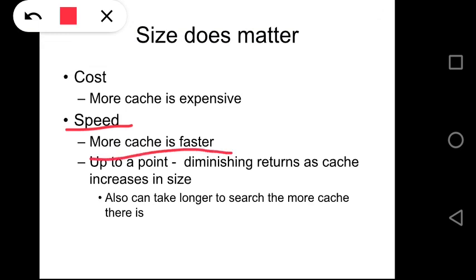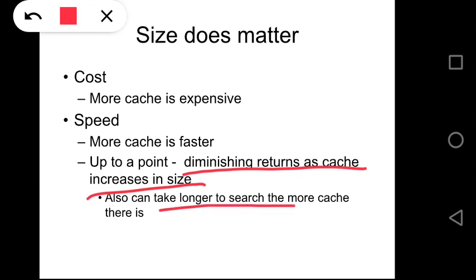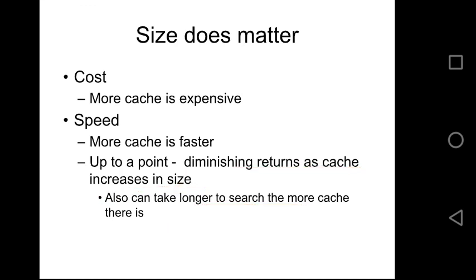Cache is very fast, up to a point, with diminishing returns as the cache increases in size. I tell you, it is fast, but if you increase the size, its speed would get reduced. And if you increase the size, it also takes longer to search for a particular word. So this is about size. It's really important to decide the value of C and the value of k.